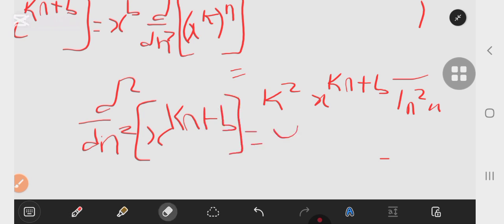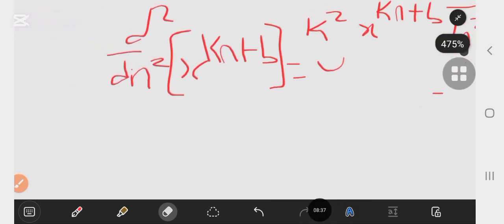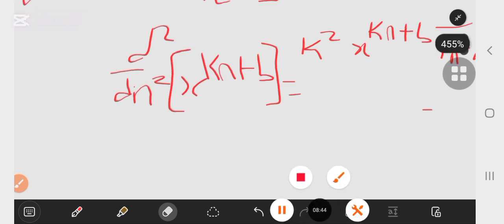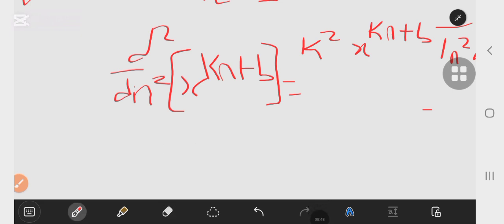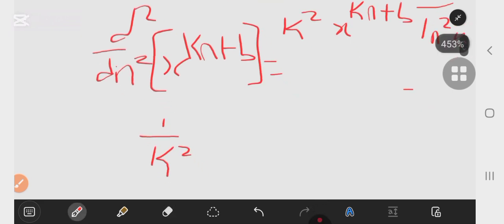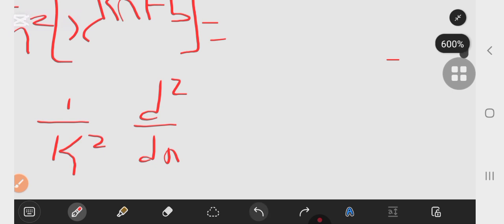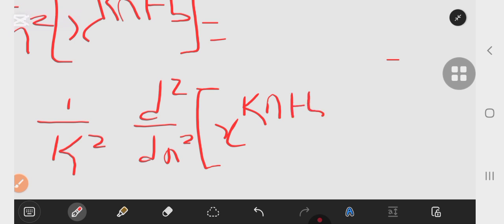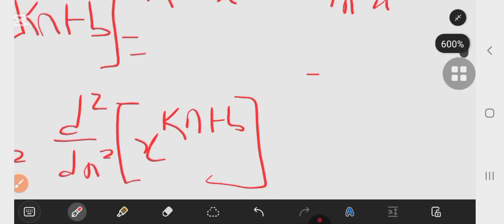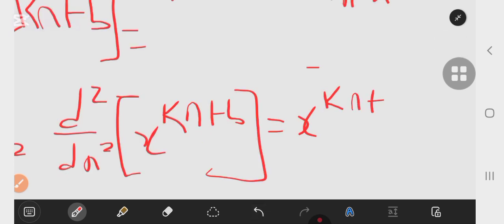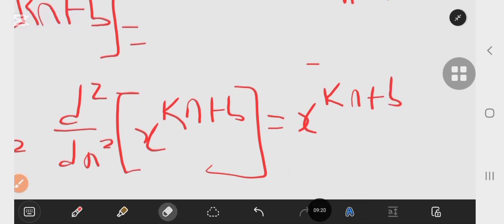Let me divide both sides by k squared. I'll be left with 1 over k squared multiplying the second derivative of x to the power of kn plus b, which is a better way to represent x to the power of kn plus b ln squared x.